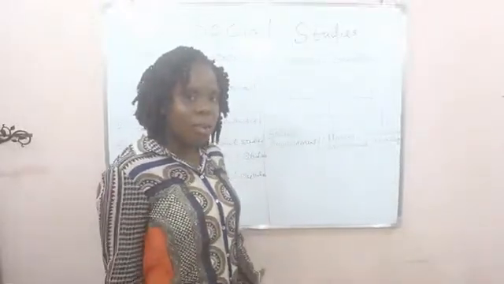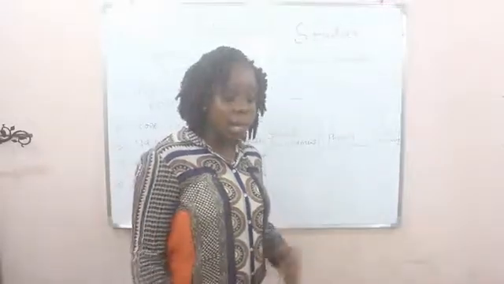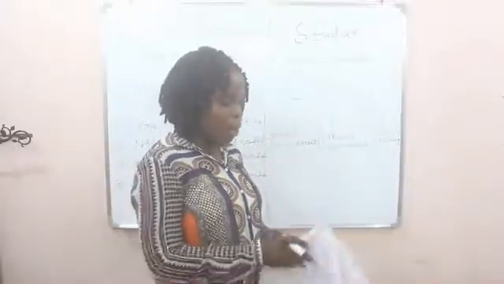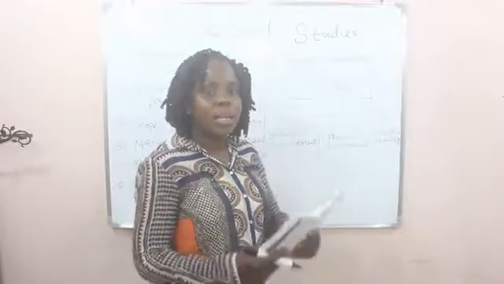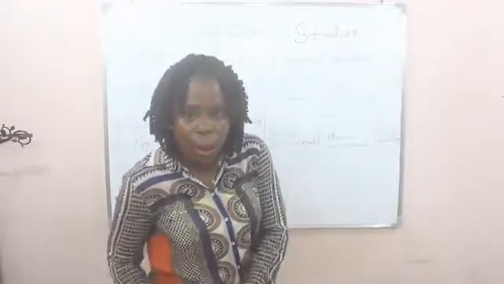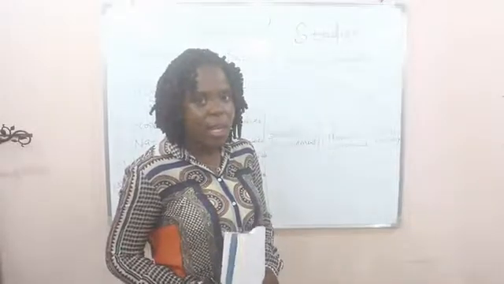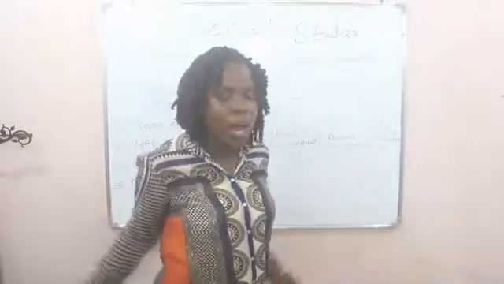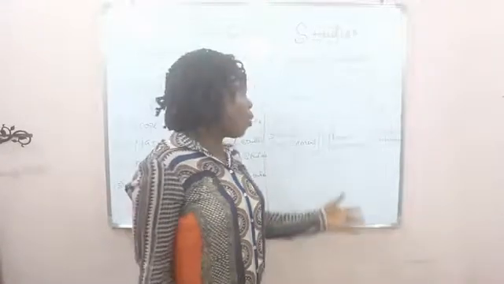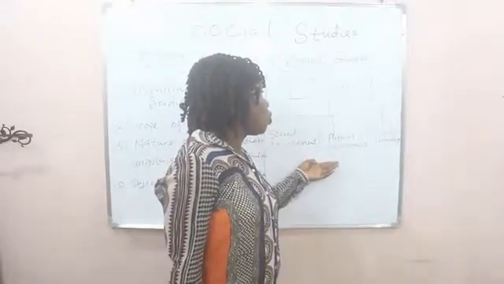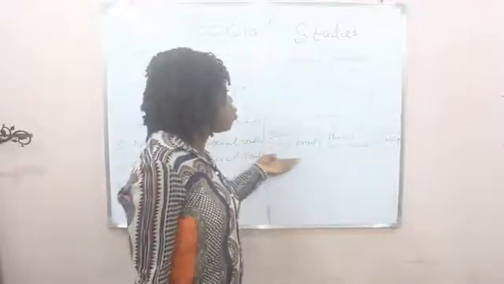So, as we explain social studies as the study of man and his environment, man means you and I as a human being. His environment is where he occupies, as I've said before. When you use this picture, you will see what social studies is going to cover.